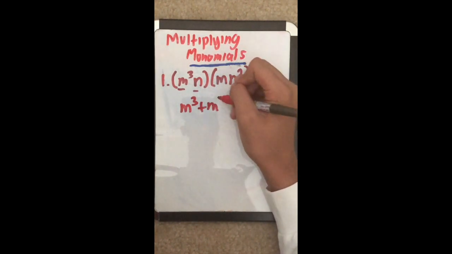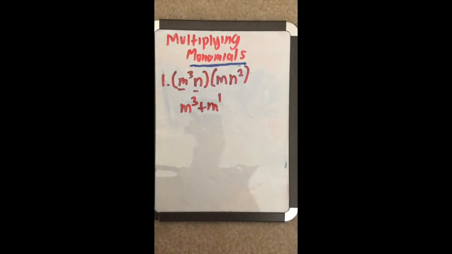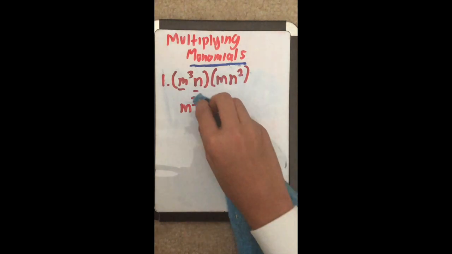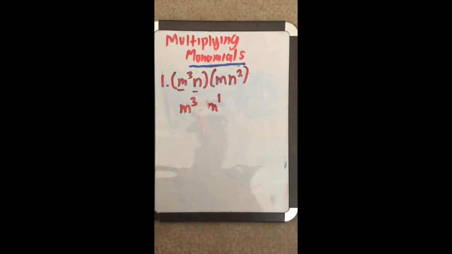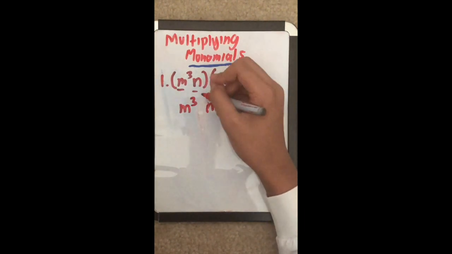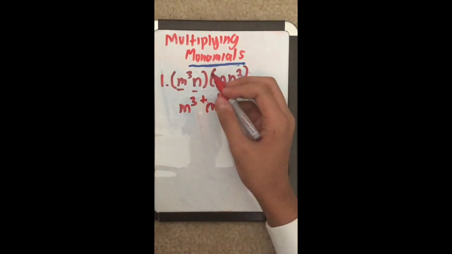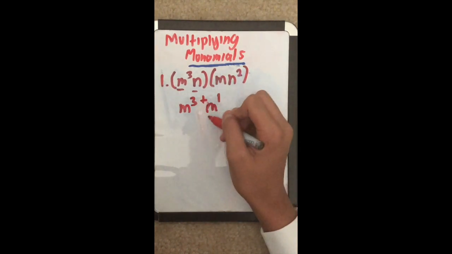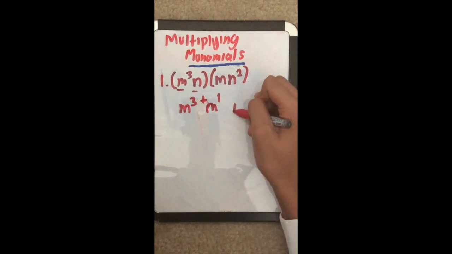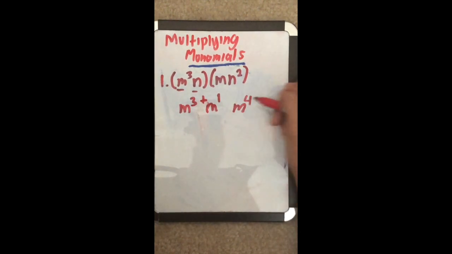But the m by itself basically has an exponent of 1, because anything by itself has an exponent of 1. So we want to add the exponents. But we're not adding the m's, we're adding the exponents. We actually multiply the m's, but since there's nothing in front of the m's, we do not multiply anything right now. We just write m to the power 4.